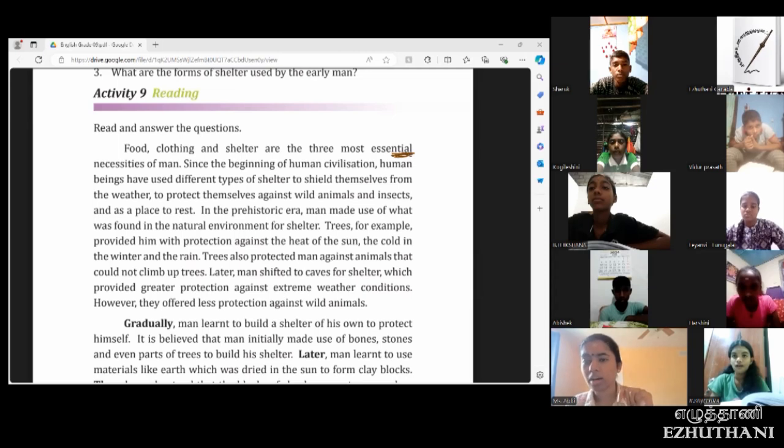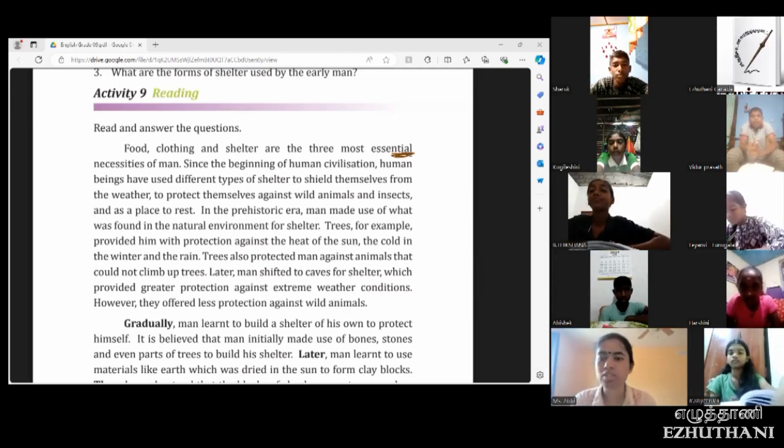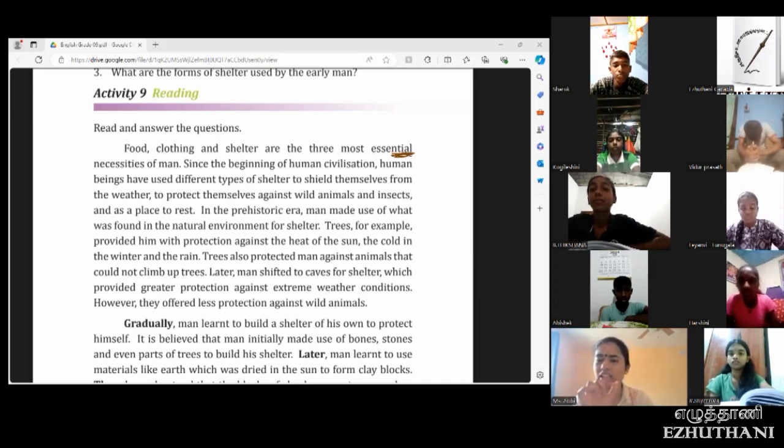T-I-A-L. You'll think to say teal, right? Because it's T-I-A-L, but that's not how you pronounce it. So it's essential. When you see T-I-A, it's like a sh sound, okay? You have to really enunciate the L at the end, okay?